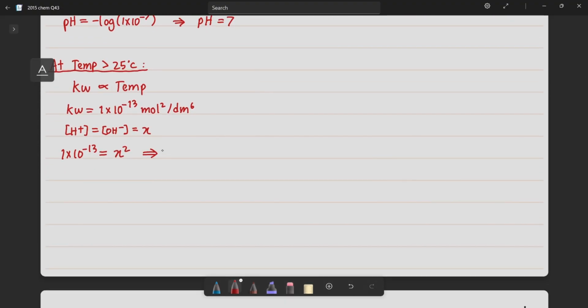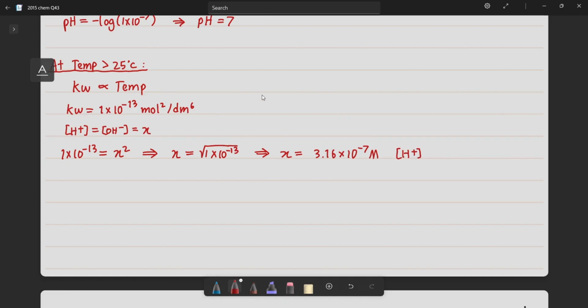Now we take the square root on both sides, and this will give us x equal to 3.16 times 10 to the power minus 7. This is the concentration of H plus and also OH minus.